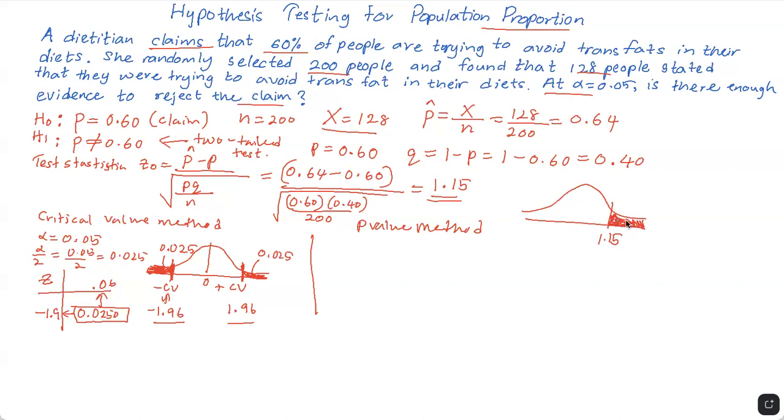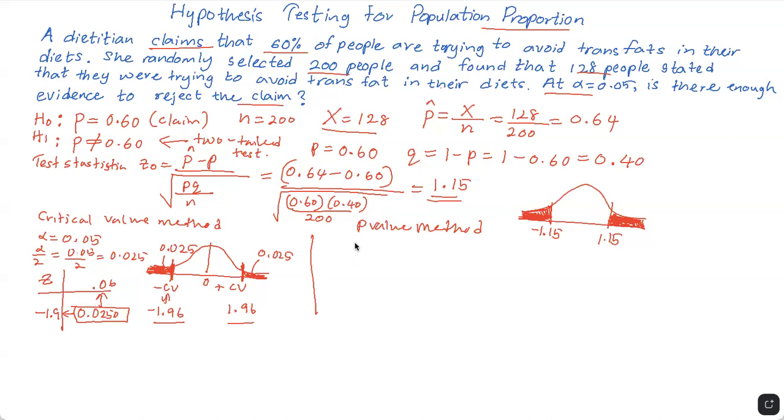Here we can consider extreme cases like this, but we need both tails. Since this is symmetric, you can consider this tail or this tail. I think this one is easier. I'm going to use the negative 1.15 to find the p-value.